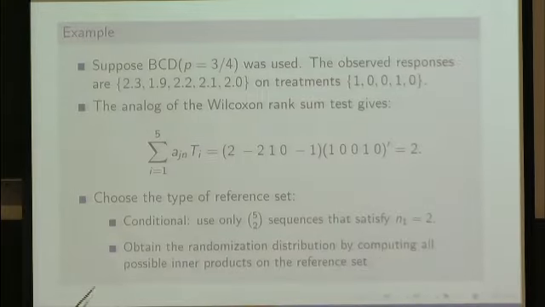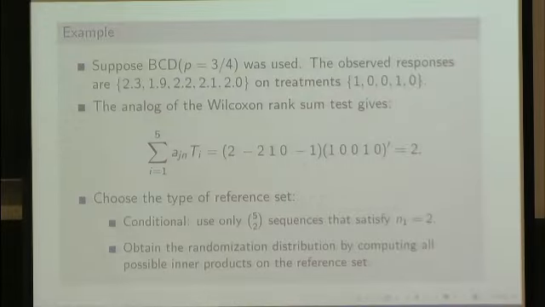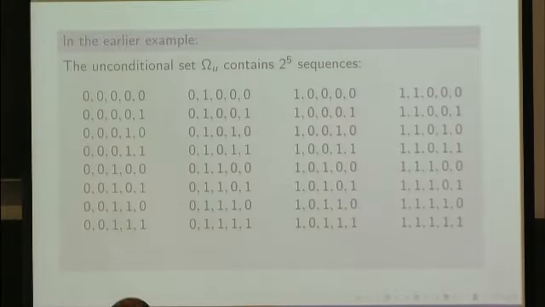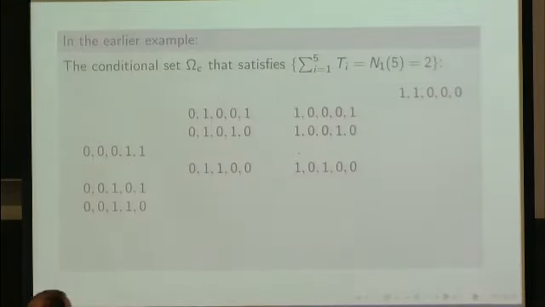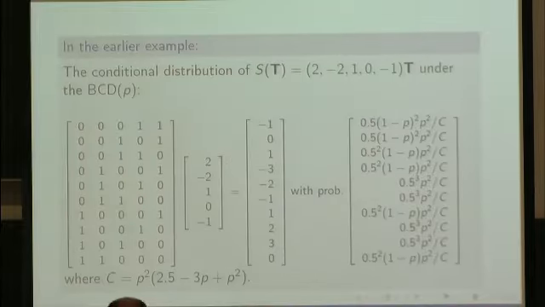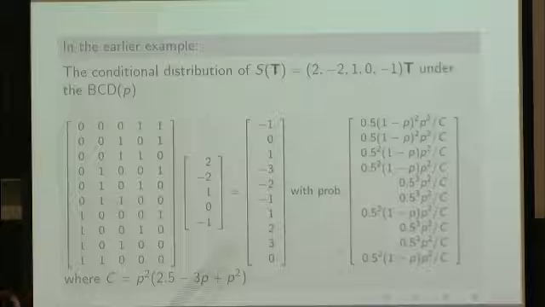And then you'd obtain the randomization distribution by computing all possible inner products using that statistic on the reference set. So that's the unconditional reference set, and then we've got the conditional reference set. And I'm just using, as I said, the Wilcoxon test on this data.